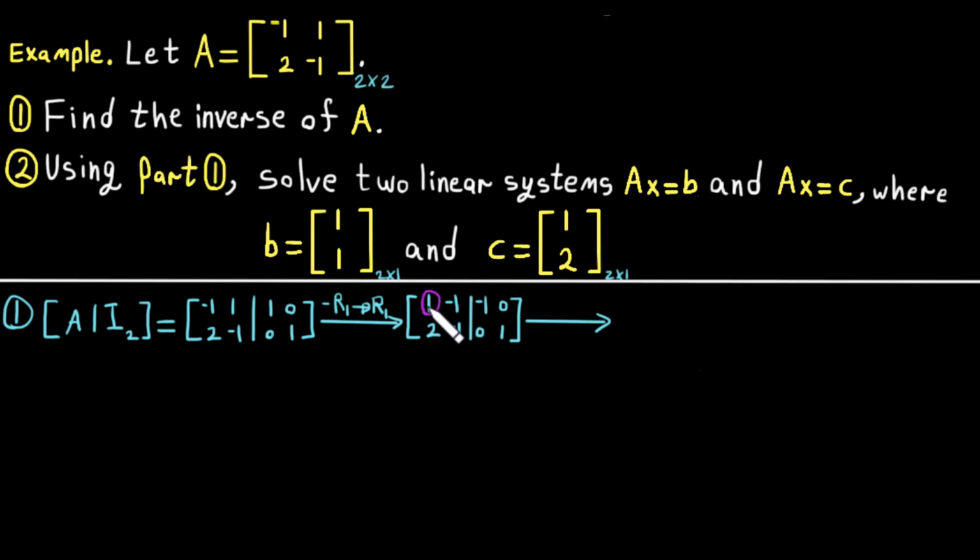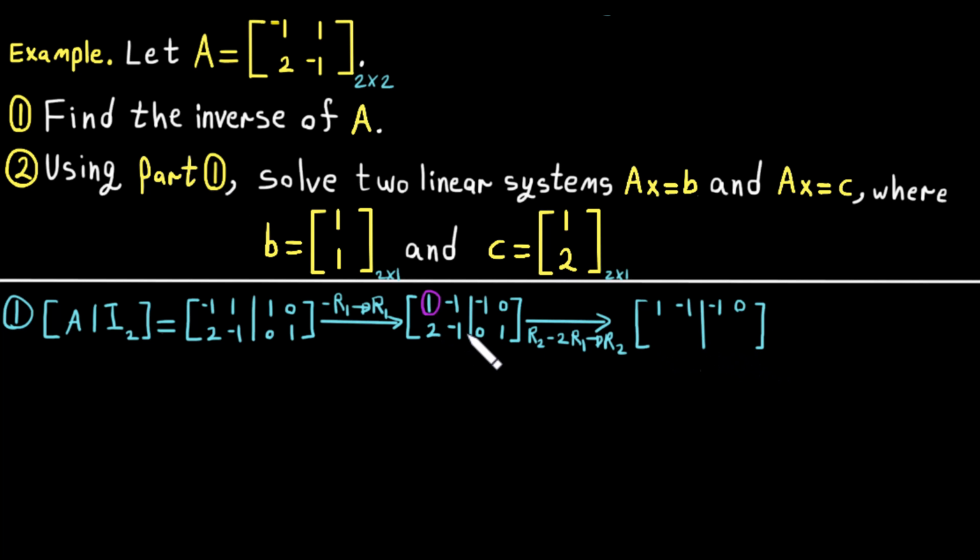So 2 minus 2. Here we have to multiply this row by 2 and subtract. So 2 minus 2, here it will be 0. So row 2 minus 2 row 1 in row 2. This row remains the same, so I will speed it up.